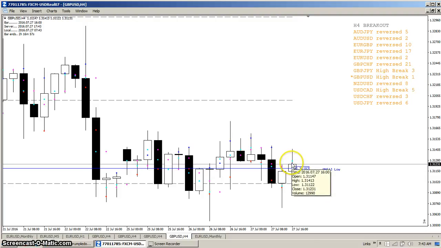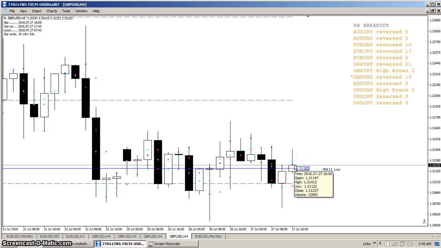So you look here, we had a high of 41, and we had a previous of 22. Hey, there's that 19 again. So once again, there was that opportunity to bank those pips.